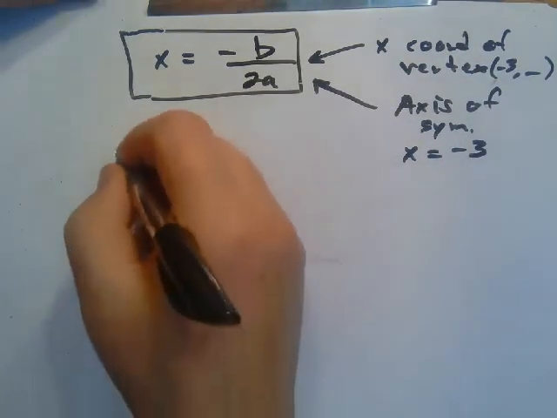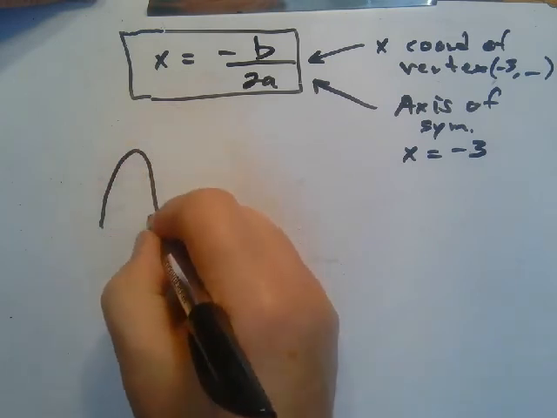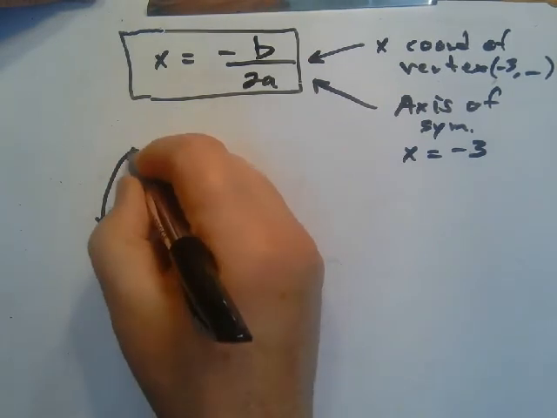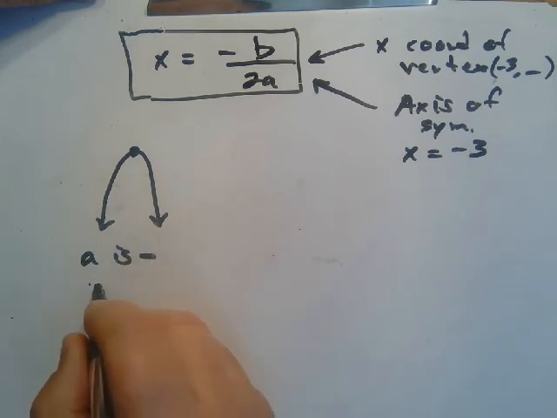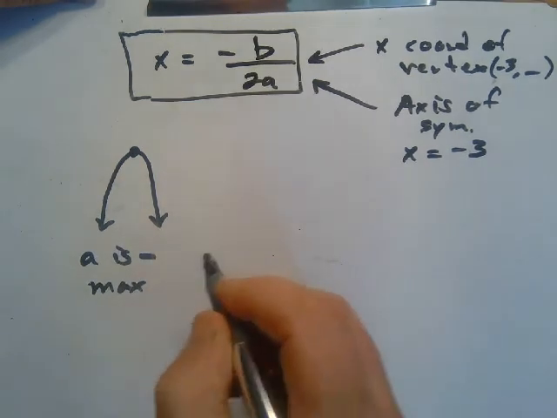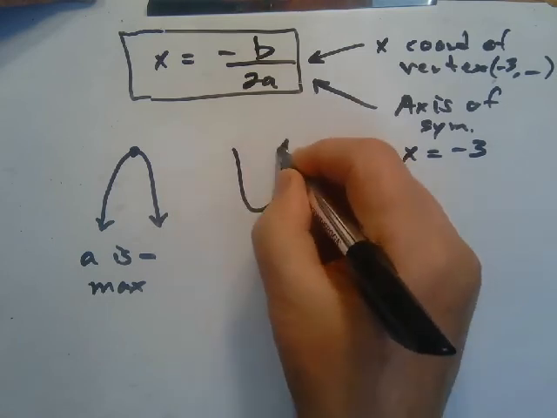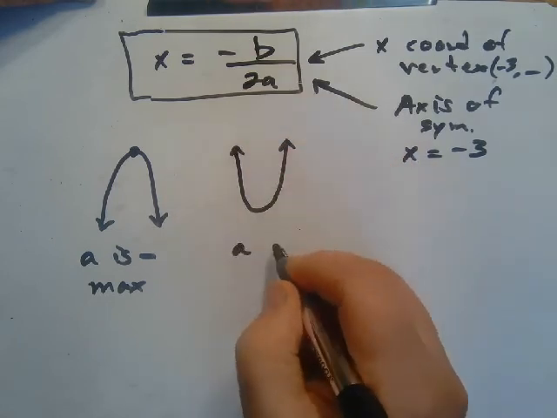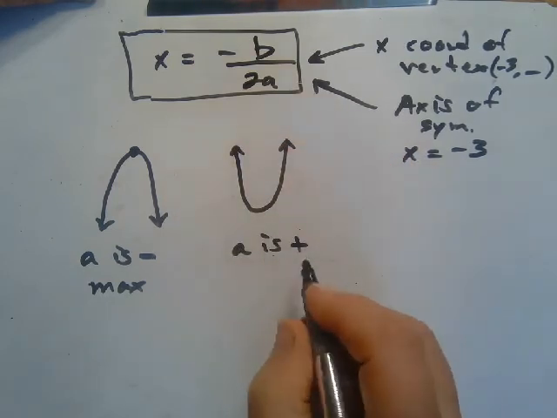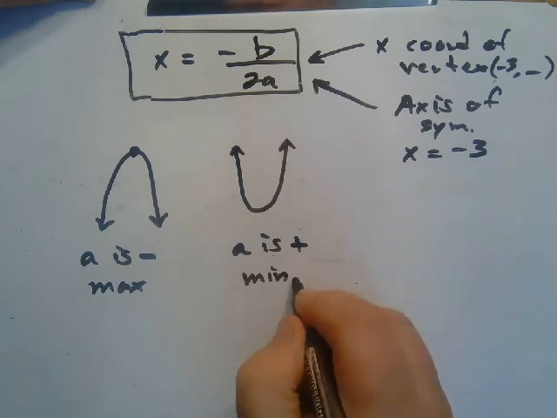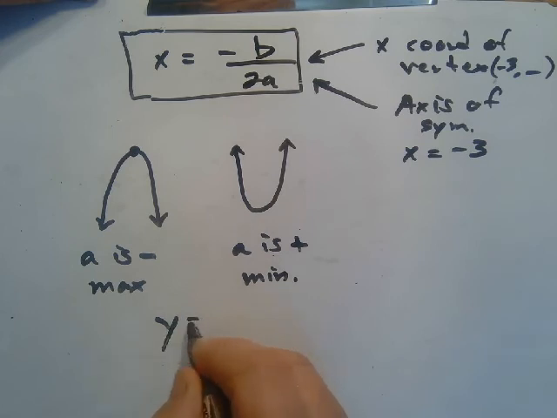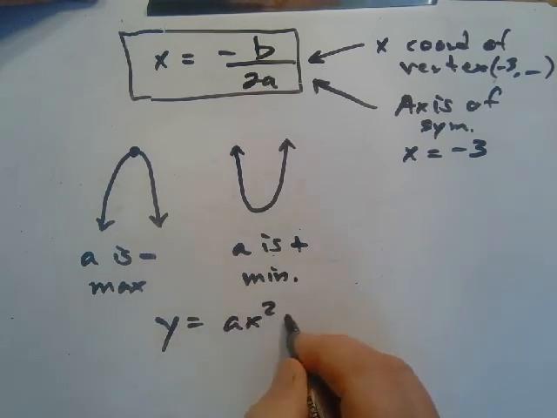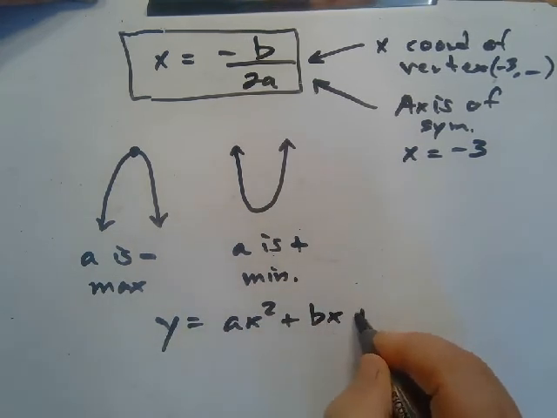Second thing is that any graph that opens down has a negative A and it has a maximum. And any graph that opens up, the A value is positive, and it has a minimum. So what are we talking about? Well, the basic form is y equals ax squared plus bx plus c.